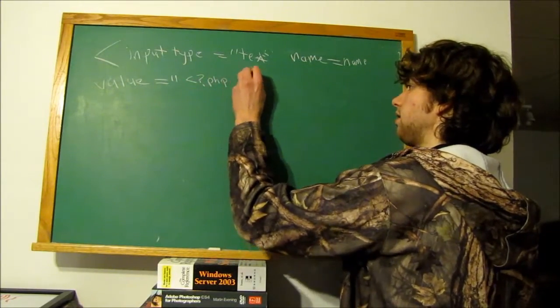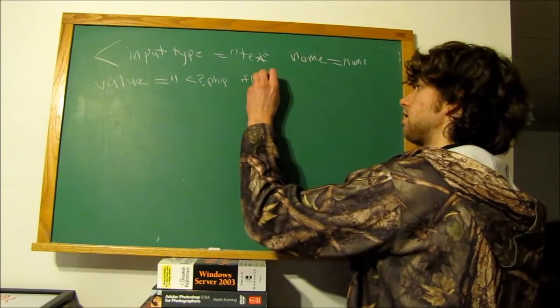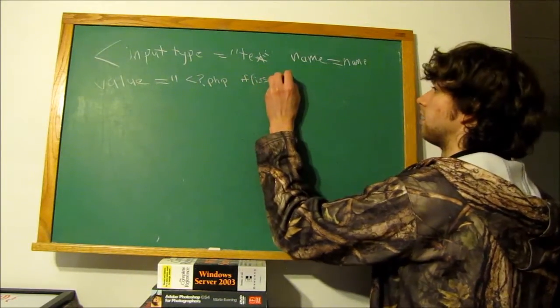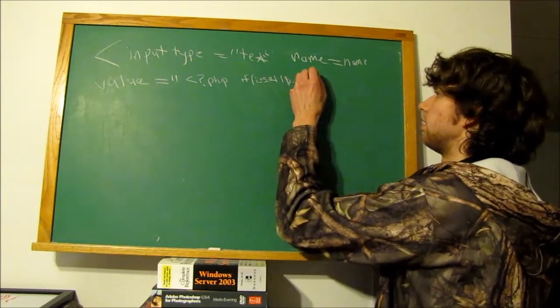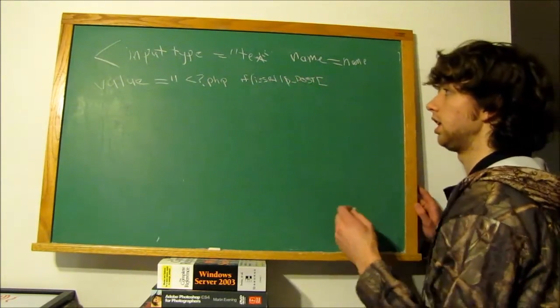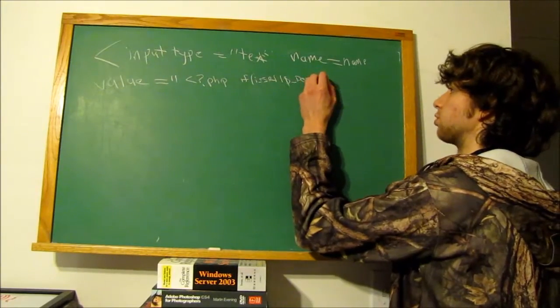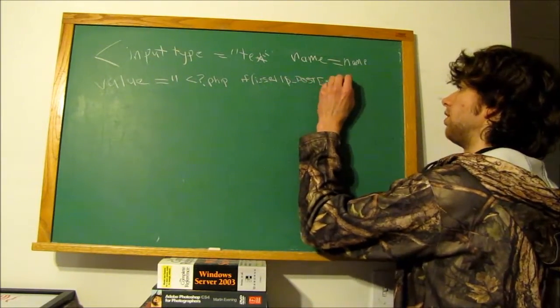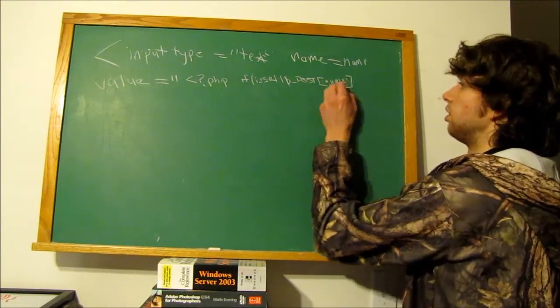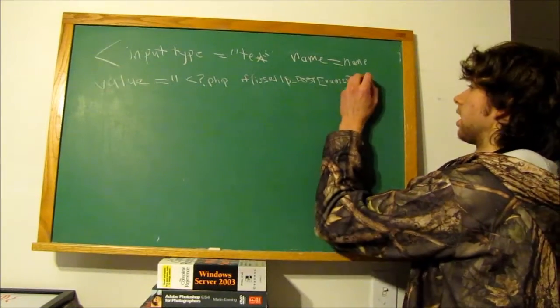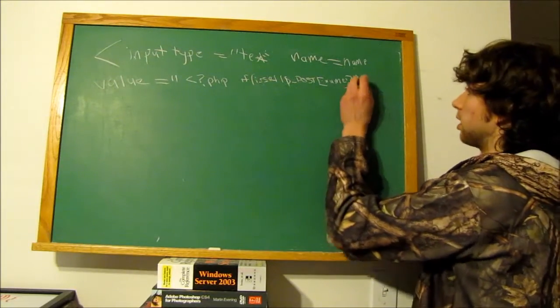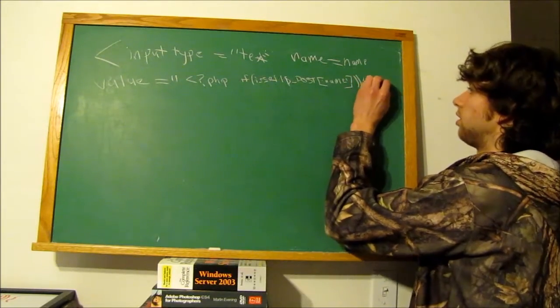have an if statement, isset, then we have our superglobal array $_POST, and then the key, or the associative key, which would be name. That points to the actual value of the associative array. We close our if statement, we open the curly brace, and we echo that name.